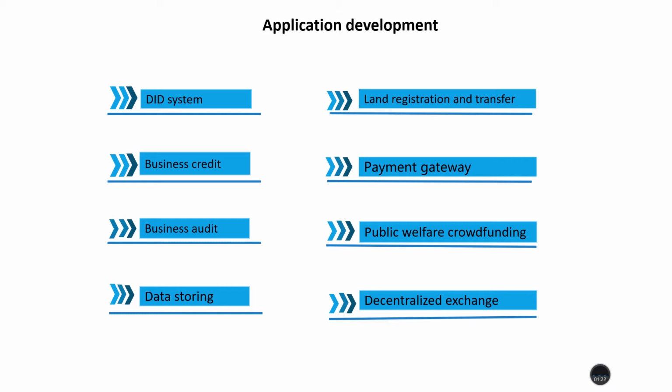And a really popular use of applications on chain is data storing, and we're going to talk more about this part later on. Another part is land registration and transfer. And you can also use Bytom for payment gateway, and also public welfare crowdfunding and decentralized exchange.